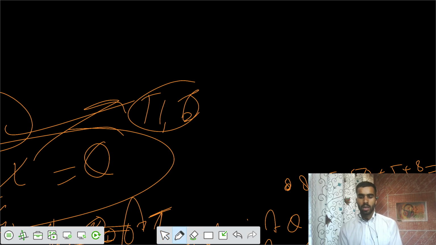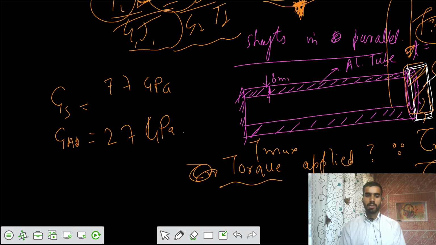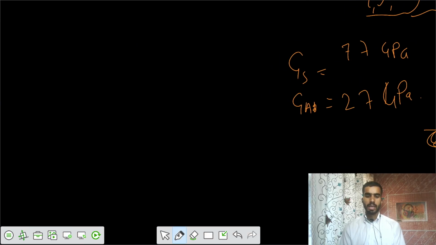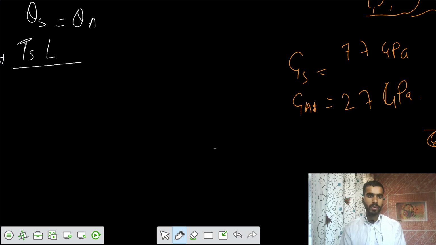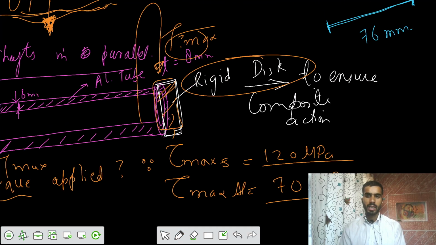Okay, so let's solve this problem. I would say that theta in the steel is equal to theta in the aluminum. So theta steel is the torque in the steel, length is the same for the two, divided by G for the steel. Let's write that as 77 into the polar moment of inertia for the steel.